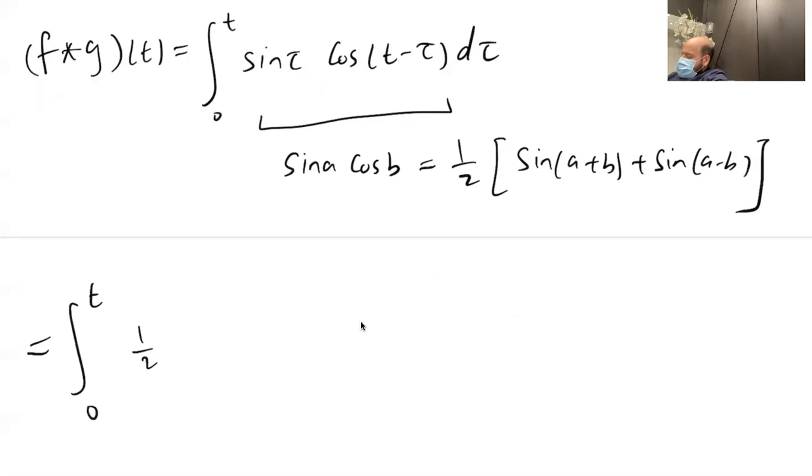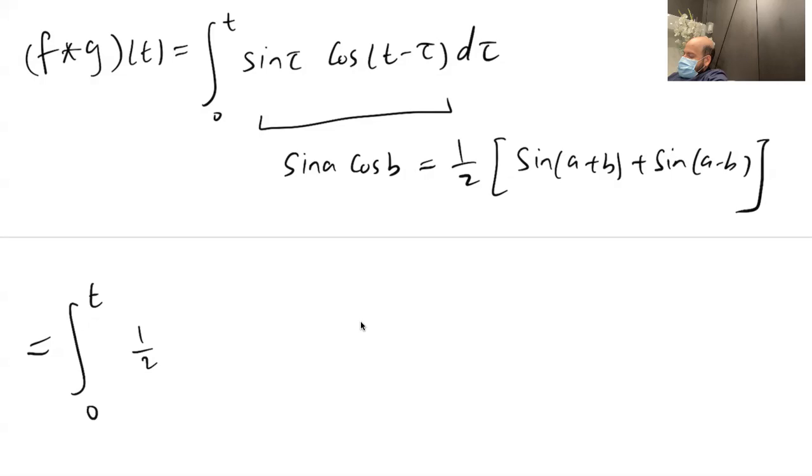So this will be the integral from 0 to t of 1/2 times (sine t plus sine of (2 tau minus t)) d tau.